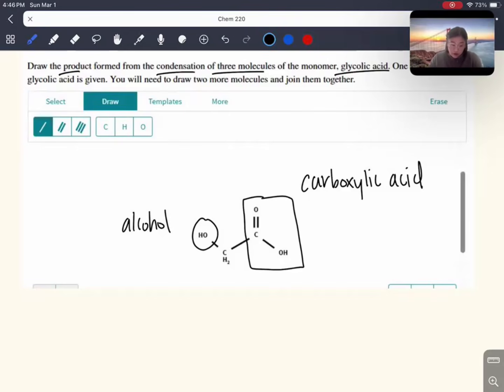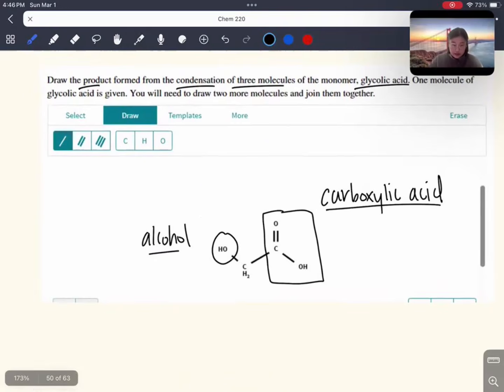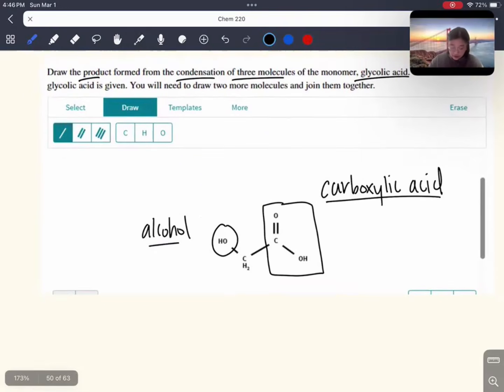So, what reaction do we know that involves the addition of a carboxylic acid with an alcohol? A reaction that you have probably learned is called a Fischer esterification.